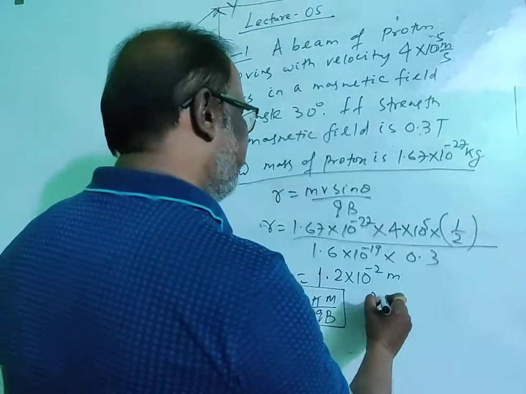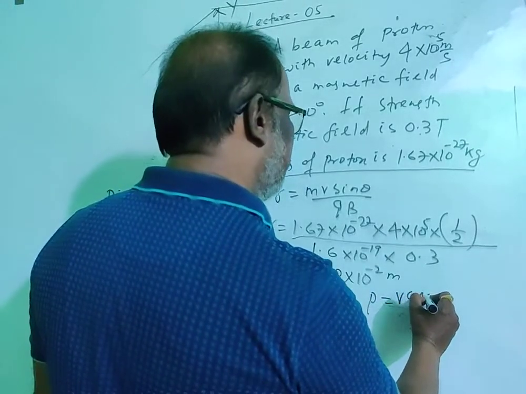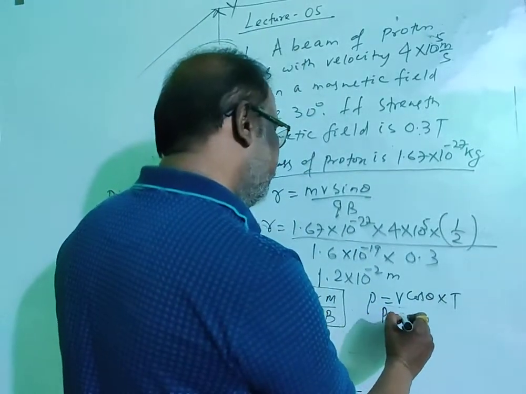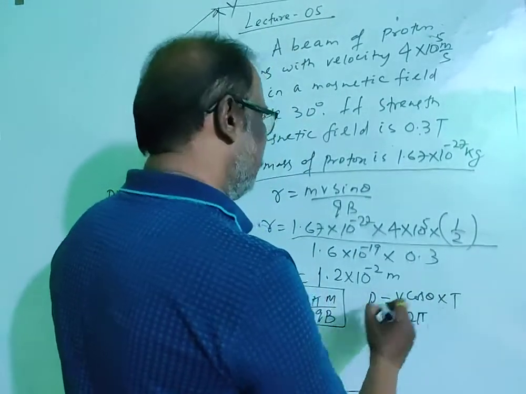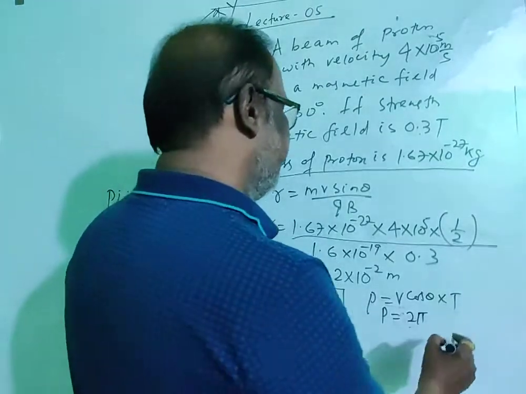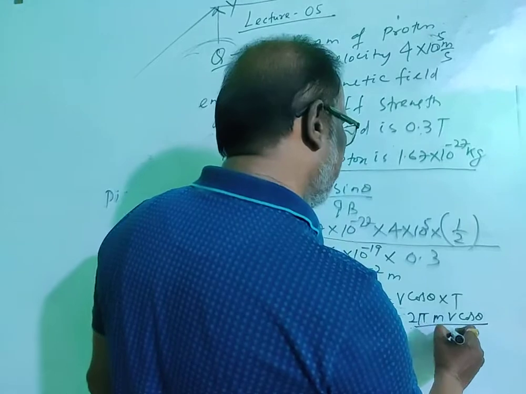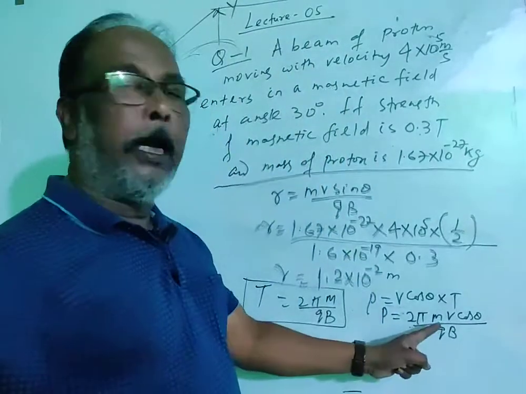Then pitch is equal to v cos theta into time period, or directly using the formula, pitch is equal to 2 pi mv cos theta divided by qB, and all the data are given.